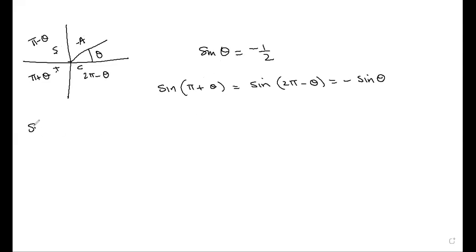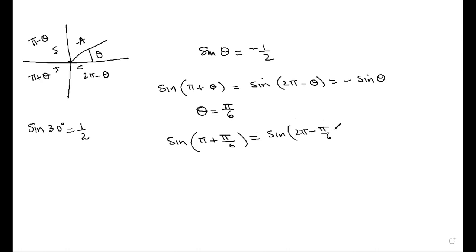You know that sine 30 degrees is half. So instead of theta, put 30 degrees, that means pi by 6. So what will happen? Sine pi plus pi by 6 equal to sine 2 pi minus pi by 6 equal to minus sine pi by 6.